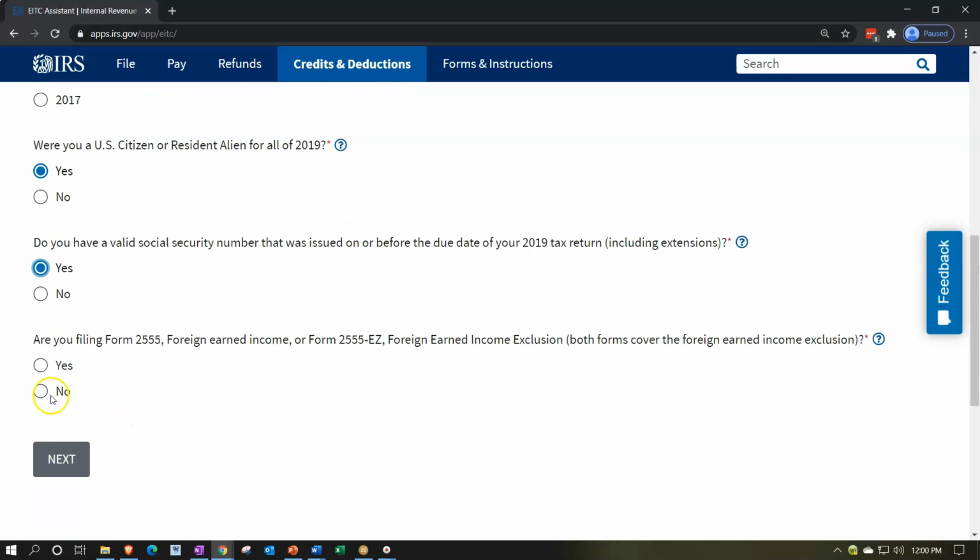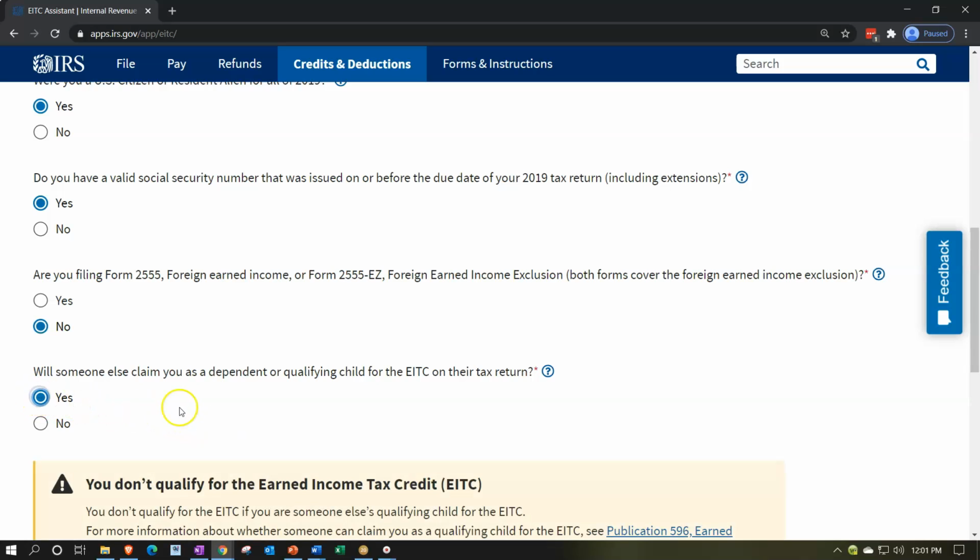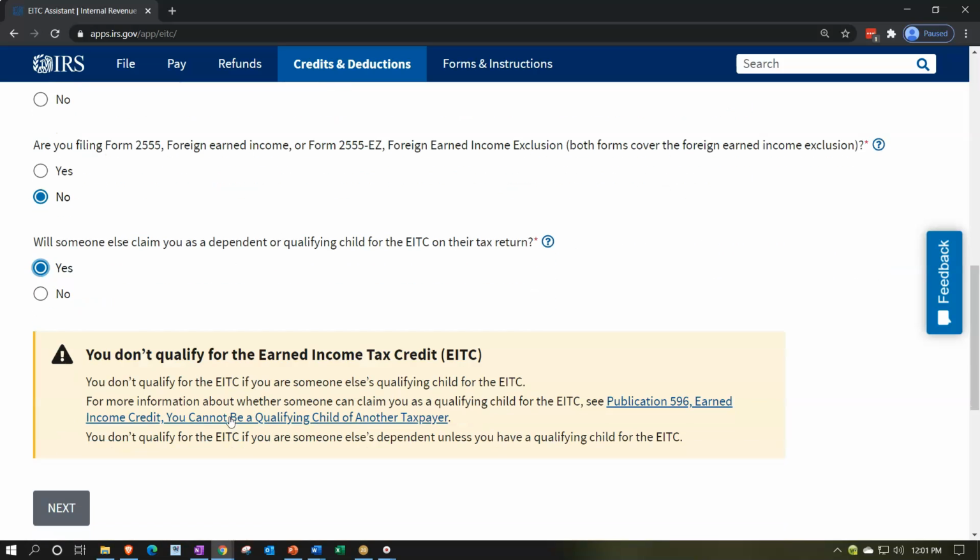I'm going to say no here, we don't have the foreign earned income form that needs to be filed. Will someone else claim you as a dependent or a qualifying child for the EITC on their tax return? If someone else is claiming you, then you can't claim them on your tax return. So we're assuming that no one else is claiming us as a dependent if we're thinking about whether or not we can get the earned income tax credit on our return.